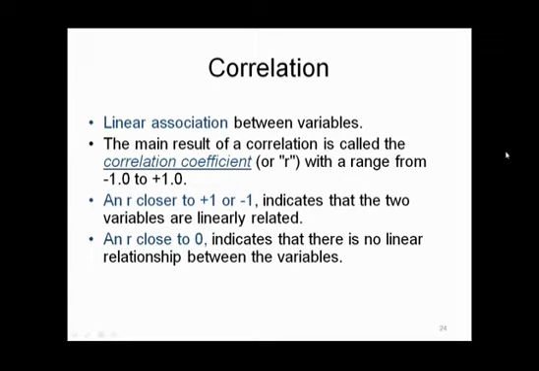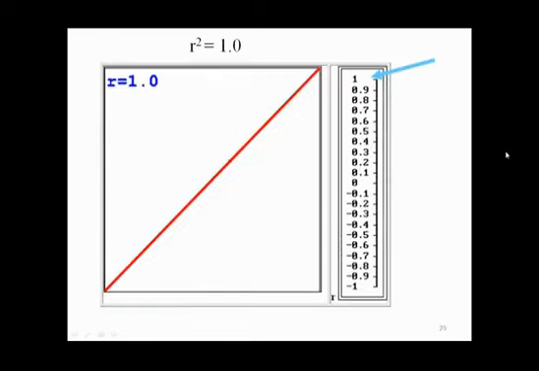Between the x variable and the y variable, the main result of a correlation is called the correlation coefficient, or the R, with a range from -1 to +1. An R closer to +1 or -1 indicates that the two variables are linearly related. And an R close to 0 indicates that there is no linear relationship between variables. And here's a snapshot.